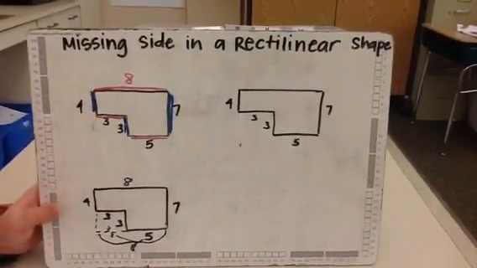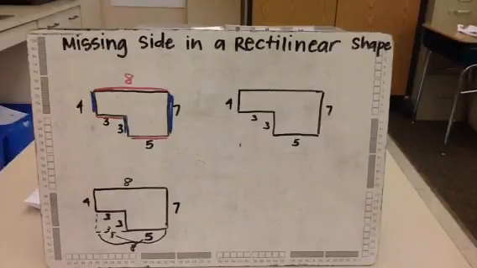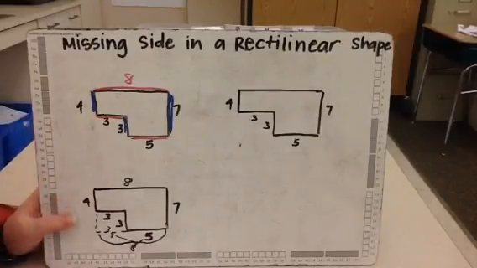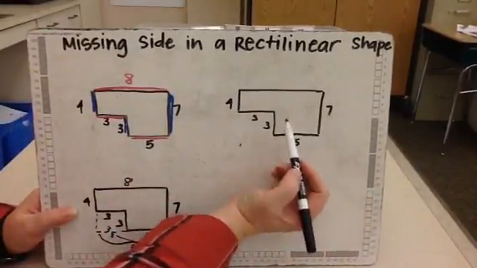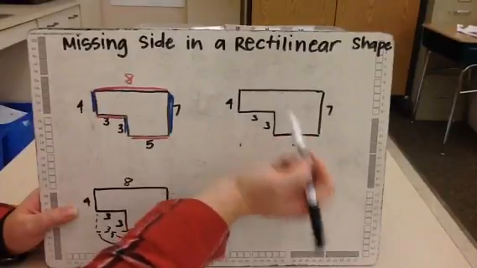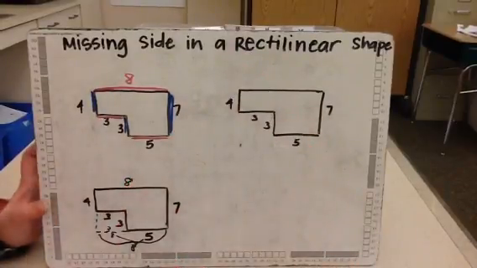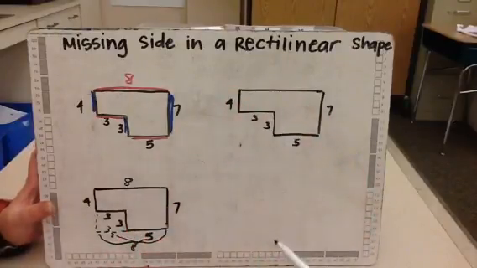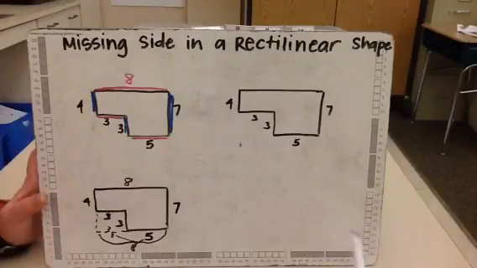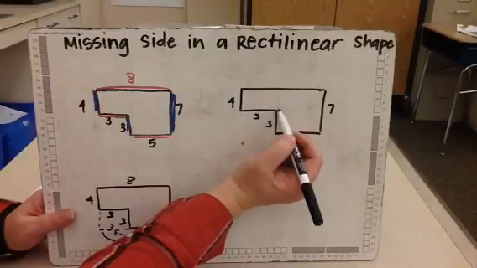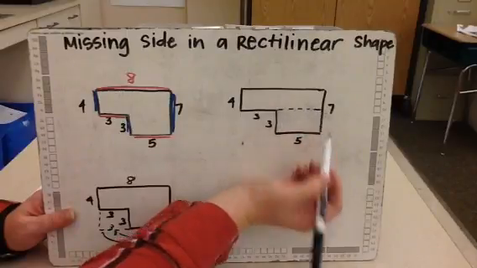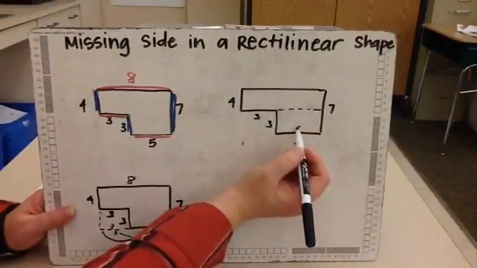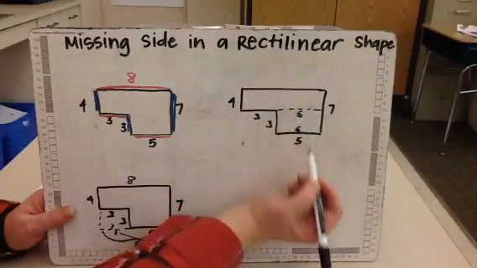And then here's going to be my third strategy. My third strategy here is that I can break apart on the inside to help me find the outside, which can be a little tricky because typically we work from the outside in. But if I'm missing something on the outside, I can see if I can use something from the inside and work out. So let's go ahead and break this apart now. And then I can use what I know about opposite sides to find this.